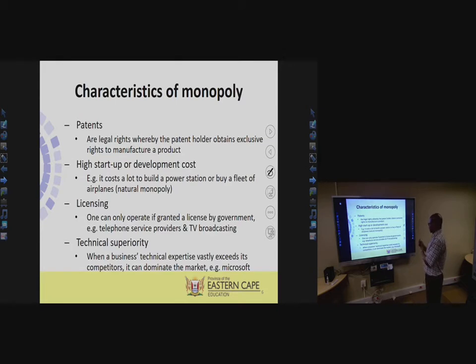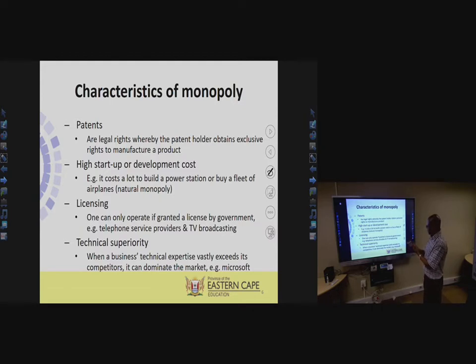Those are the things which protect your monopolies. Then another thing will be technical superiority. When a business's technical expertise vastly exceeds its competitors, it can dominate that particular industry or that particular market. Like, for instance, they made an example of Microsoft.